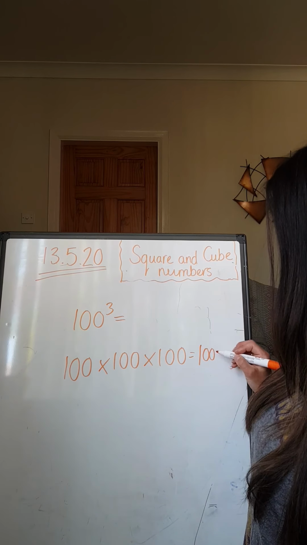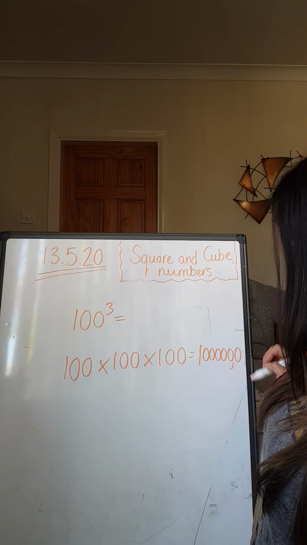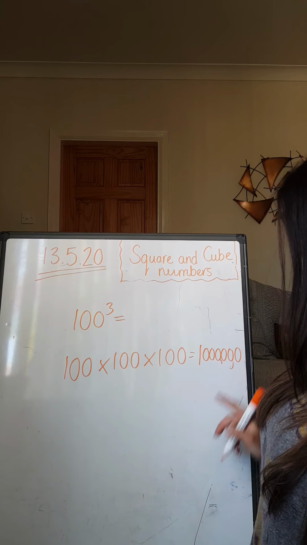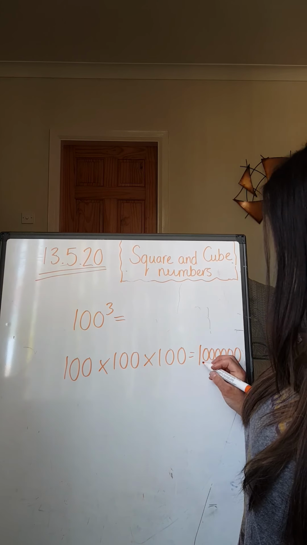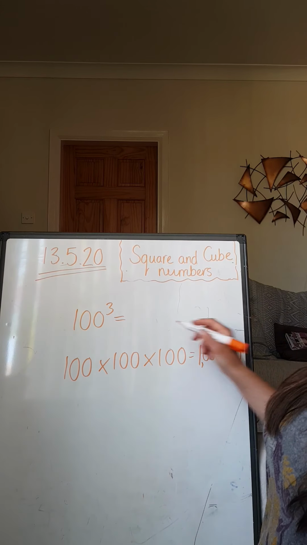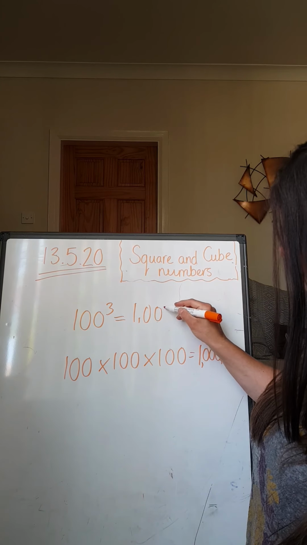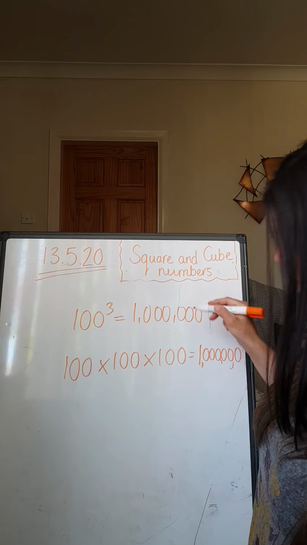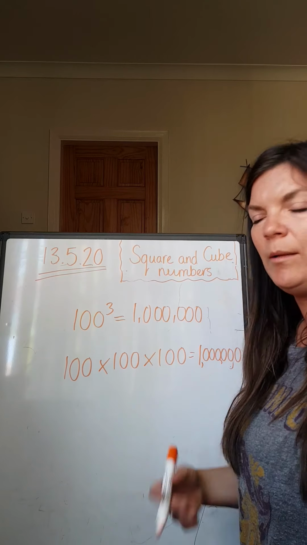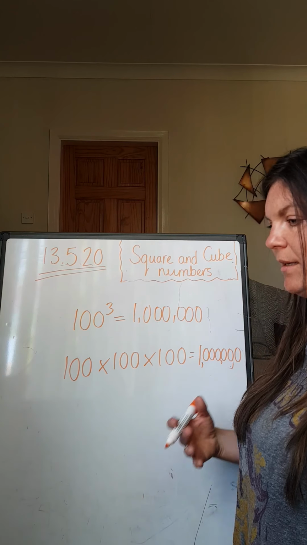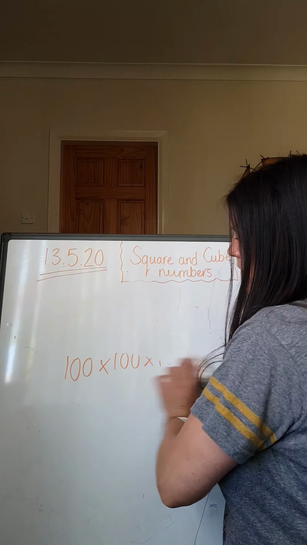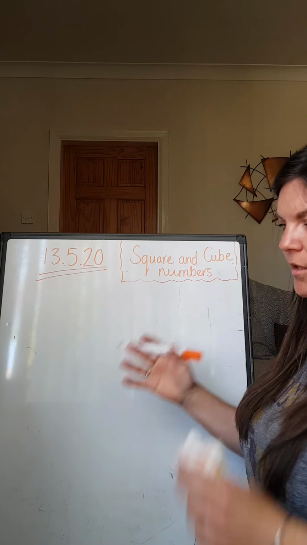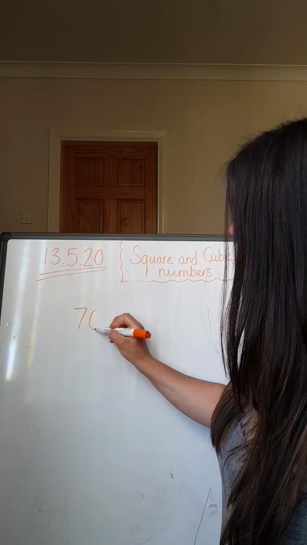So 0, 0, 0, 0, 0, 0. If I count 3 from the end and put my thousands comma in, count 3 and put my millions comma in, the answer is 1 million. Did you get that? Quite easy. Sometimes people find it a little bit tricky when it's times by a 0. They forget what they're doing and they put the wrong answer.